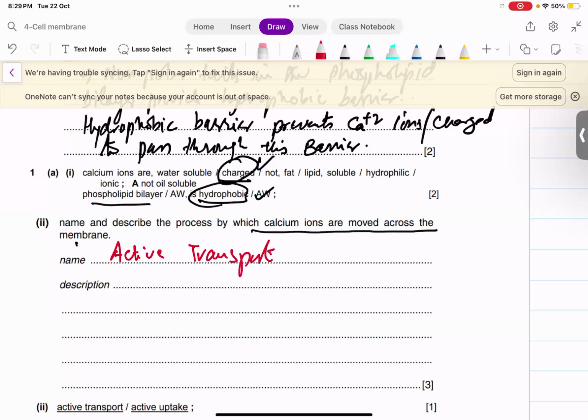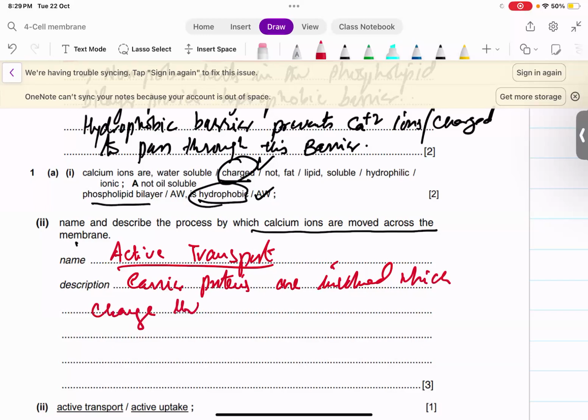And why is it an active transport? Number one, carrier proteins are involved, which change the shape.